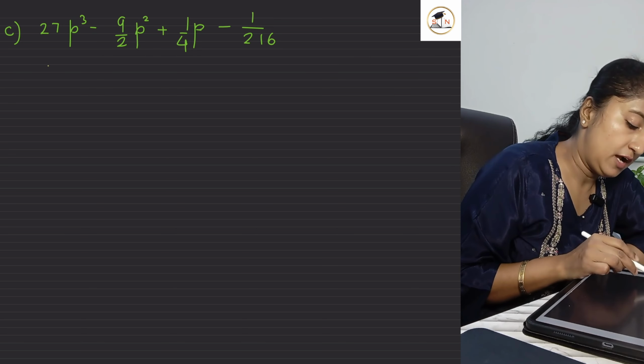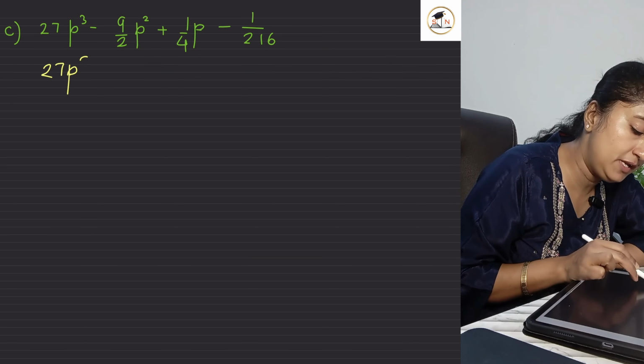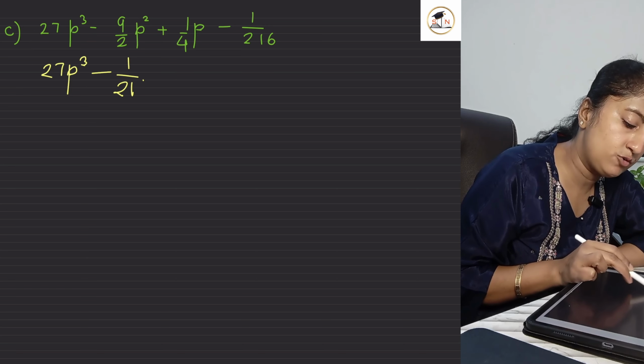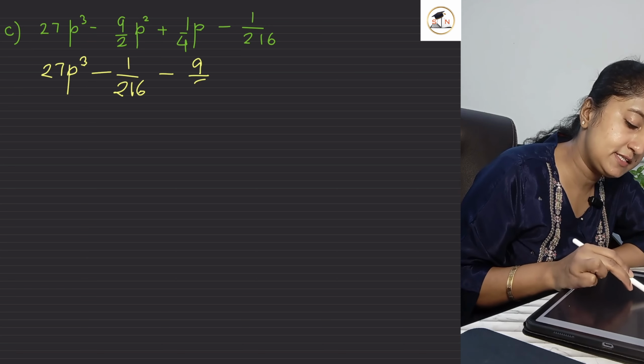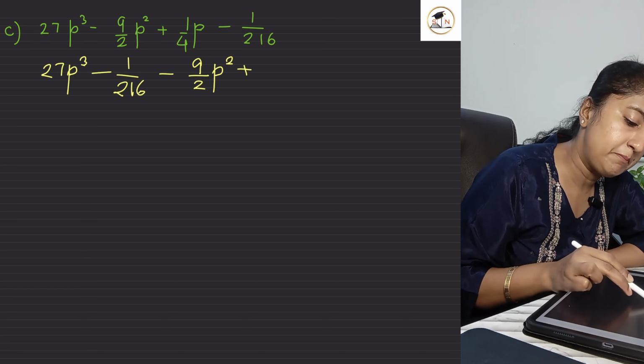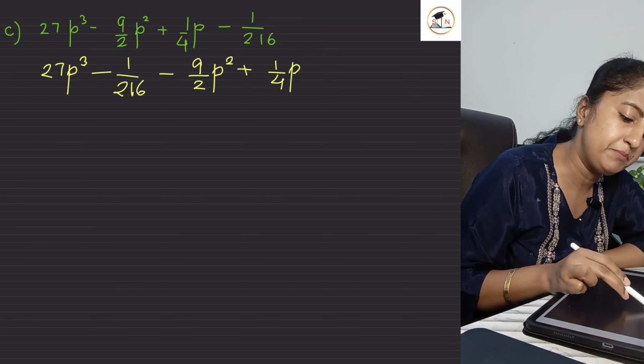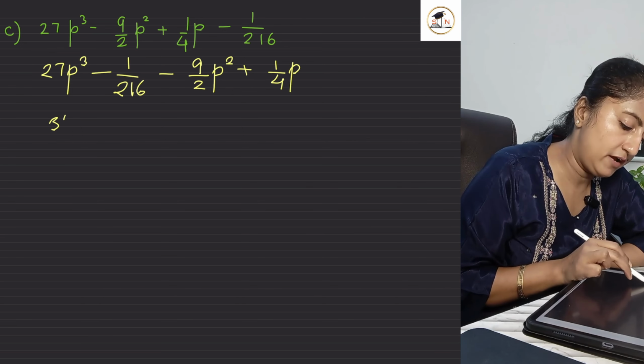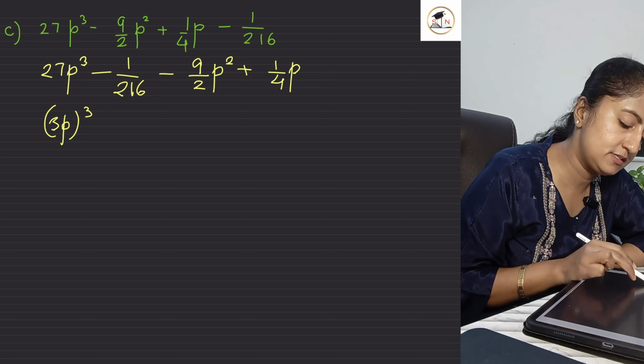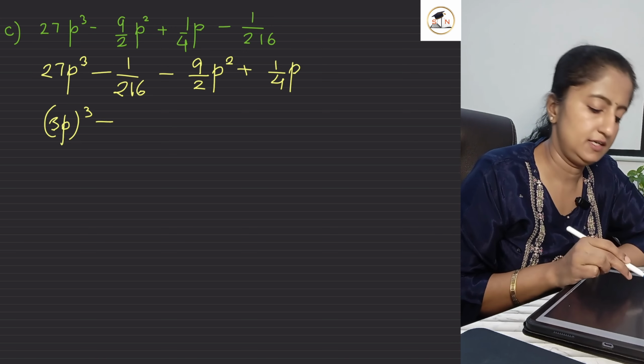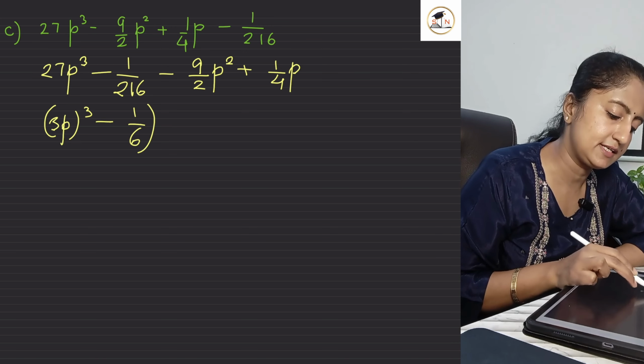So now, I'll shuffle. First 27p cube minus 1 by 216 minus 9 by 2p square plus 1 by 4p. Okay, so we have 3p whole cube. Now what is the cube root of 216? It is 1 by 6.